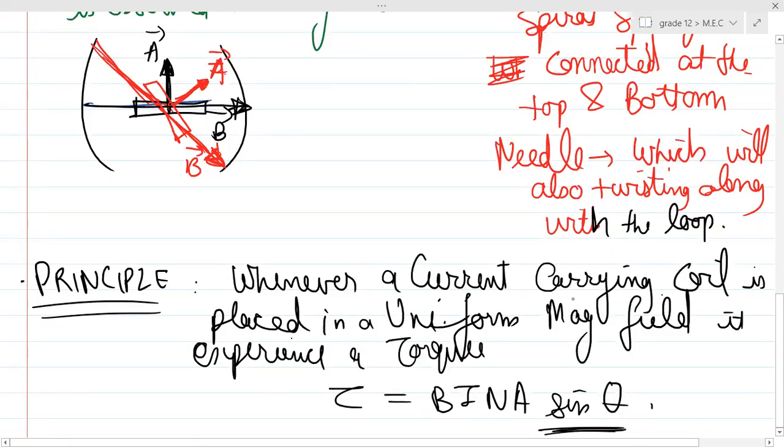So now, can we replace theta with 90? We have to replace theta with 90 over here, no? Can you see 90 degrees? In this case, theta will be 90, so the torque will always be constant, B into I into N into A. That's it.